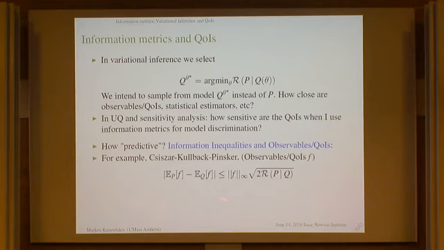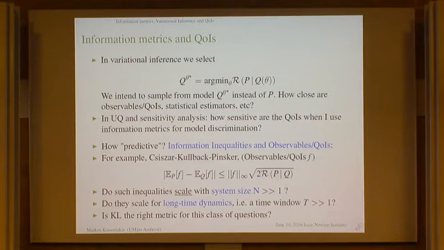If you control the relative entropy, you control your observables, great. That's exactly what you should be doing: relative entropy minimization, or sensitivity analysis. Well, yeah, fine. But remember, systems scale with n, and they can go to long times. So does such an inequality scale with n or long times? In the end, is KL the right metric?